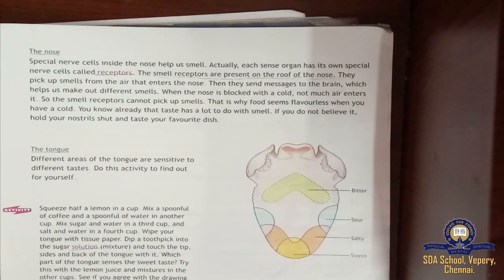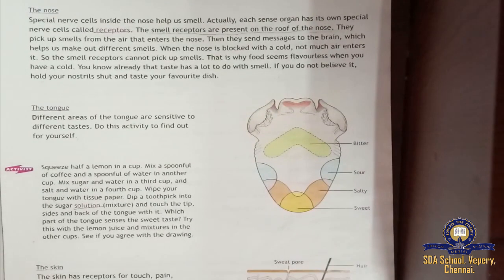They pick up the smells from the air that enters your nose and send messages to the brain. Your brain helps you to make out the different smells. When your nose is blocked due to cold, what happens? Air cannot enter through the nostril. It is blocked, so the receptors cannot pick up the smells.